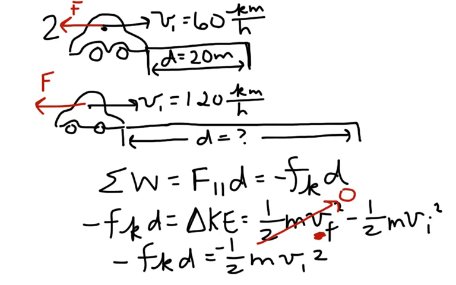When we look at this expression, there are two variables and two constants. If we're dealing with the same car, the braking force, what we'll call the kinetic frictional force, will be constant. And the mass of the car will be constant. Of course, the coefficient of 1/2 is constant.